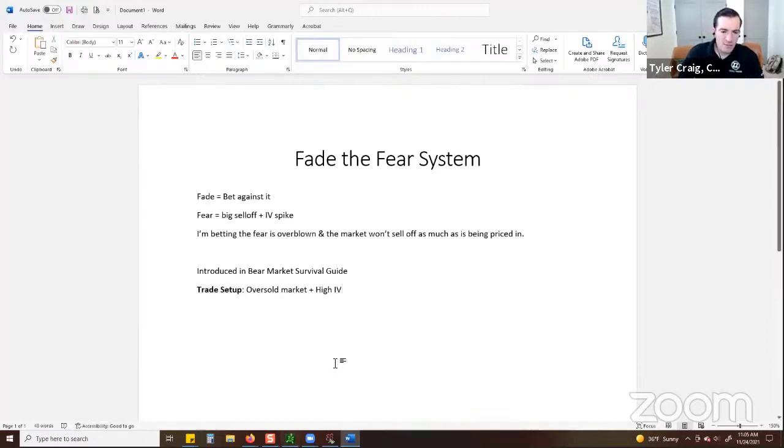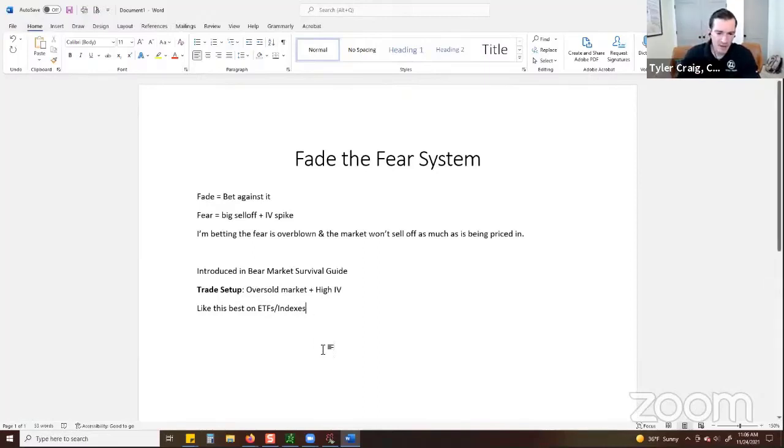Now, here's a couple of tips, and we're going to do this on the Russell 2000 index. I really like this best on ETFs or indexes because there's less of a chance that they completely implode.